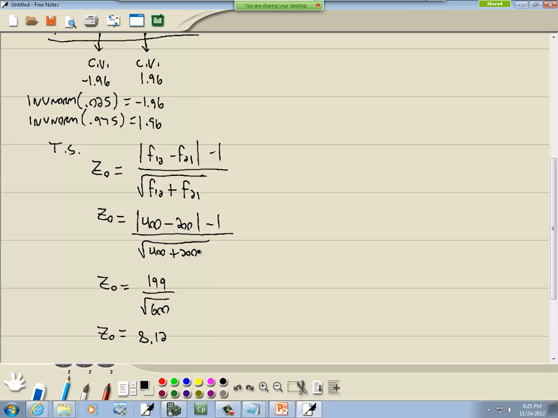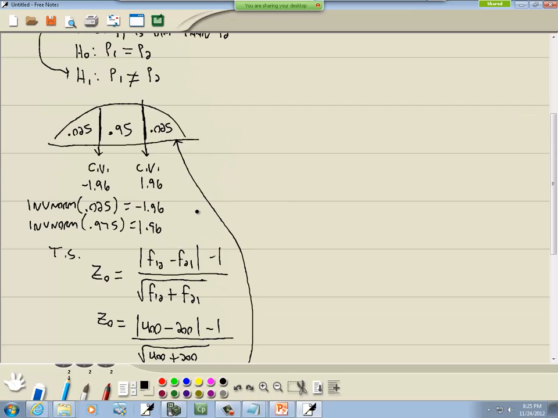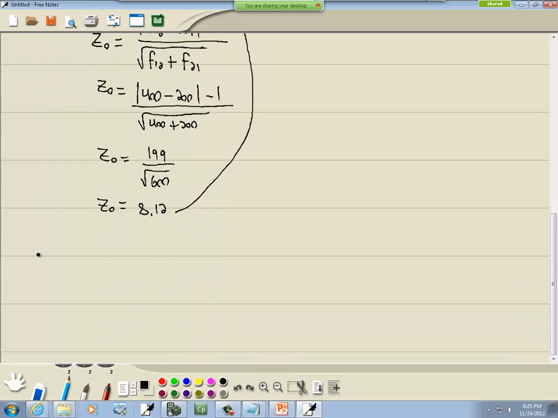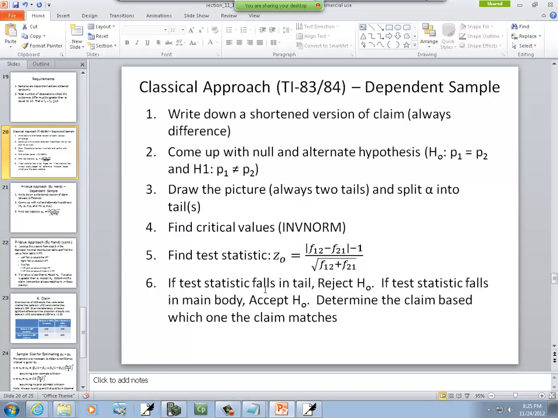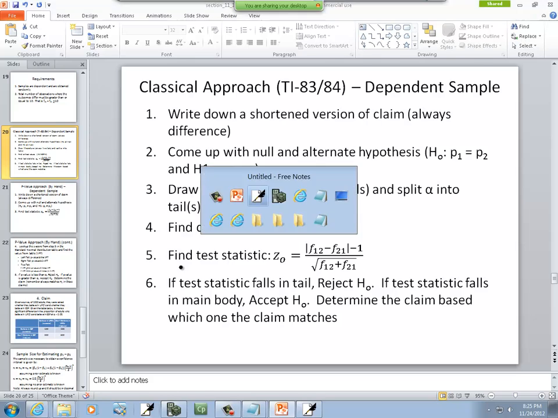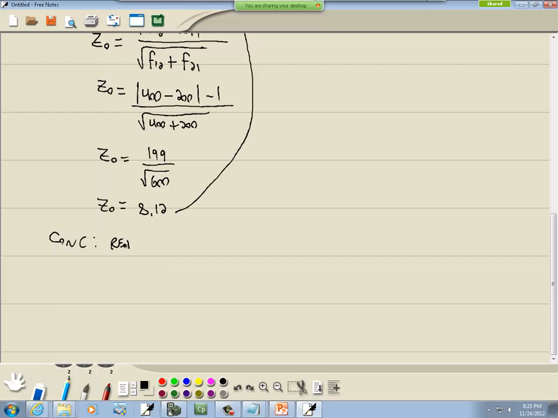Well, here's our number line right here. Here's negative 1.96. Here's 1.96. 8.12 will fall over here. It'll fall in our right tail. So for our conclusion, it says if the test statistic falls in a tail, reject H naught. So we're going to reject H naught, which means we'll accept H1.